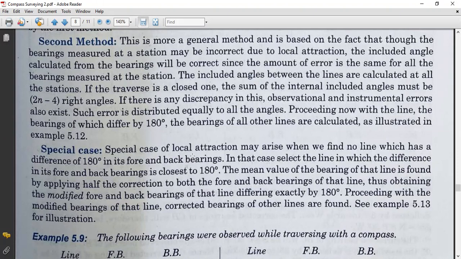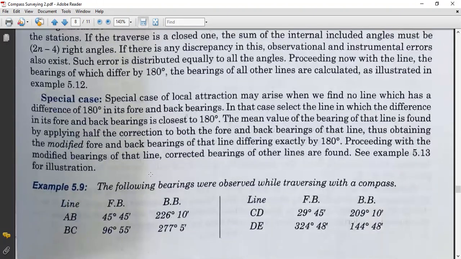In that case, you have to select the line whose fore bearing and back bearing difference is the least, and using that line I will correct the bearings of the remaining lines, right? So you will select the line which has the least deviation from 180 degrees.